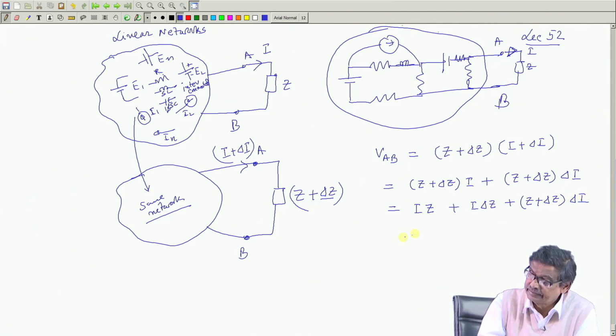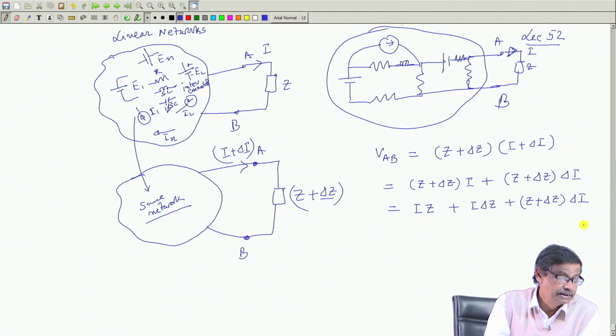Like this I can write this whole voltage drop across AB when the impedance is like this.